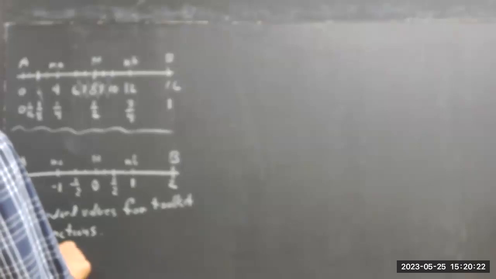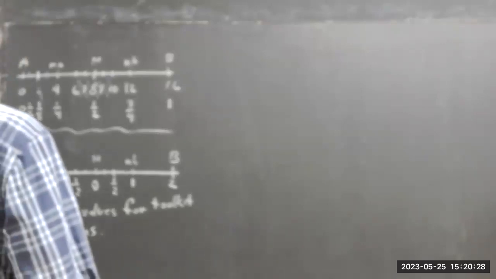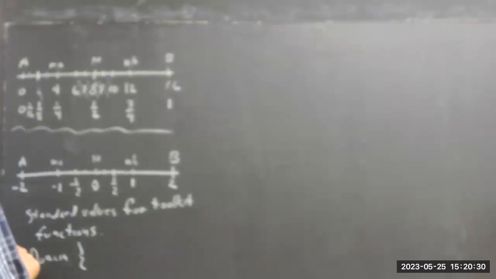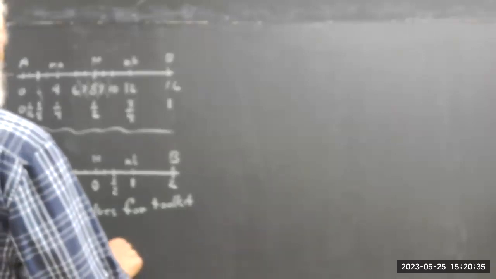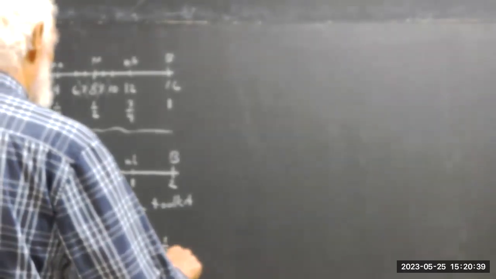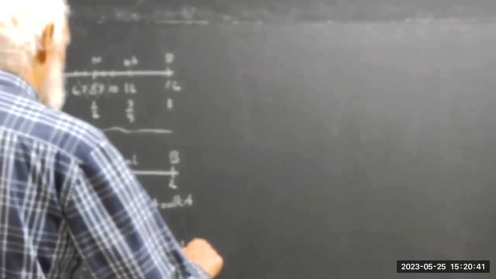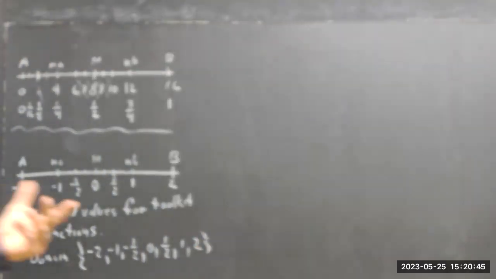I'll use this word domain. We haven't defined it. We don't know what the domain is. We'll see. But the standard domain is a set of numbers: -2, -1, -1/2, 0, 1/2, 1, 2, where that's possible.